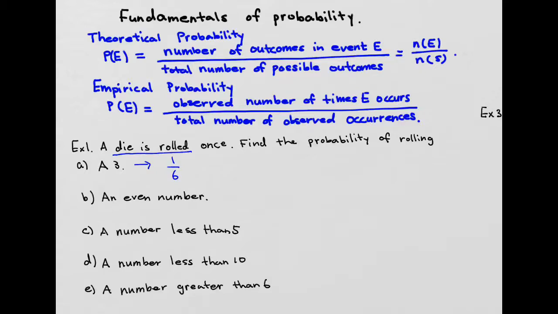What about the probability of rolling an even number? How many even numbers? Rolling a dice, we can get 1, or you can have 2, or 3, 4, 5, and then 6, right?